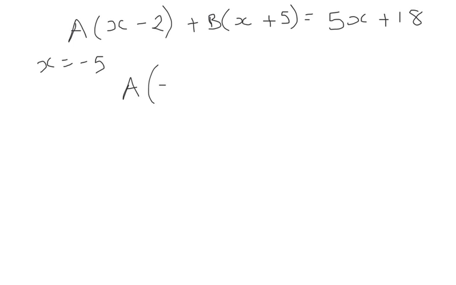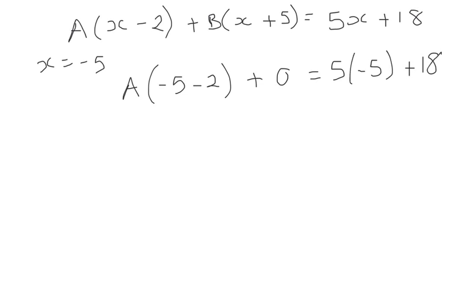A times (−5 − 2), the second bracket becomes 0. 5 times −5 plus 18. −7a equals −25 plus 18, −7. So a equals 1.